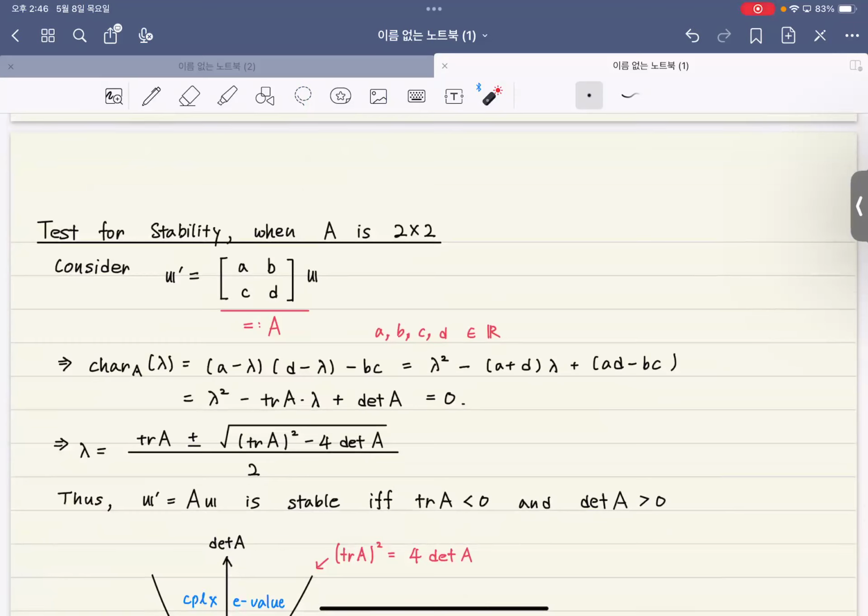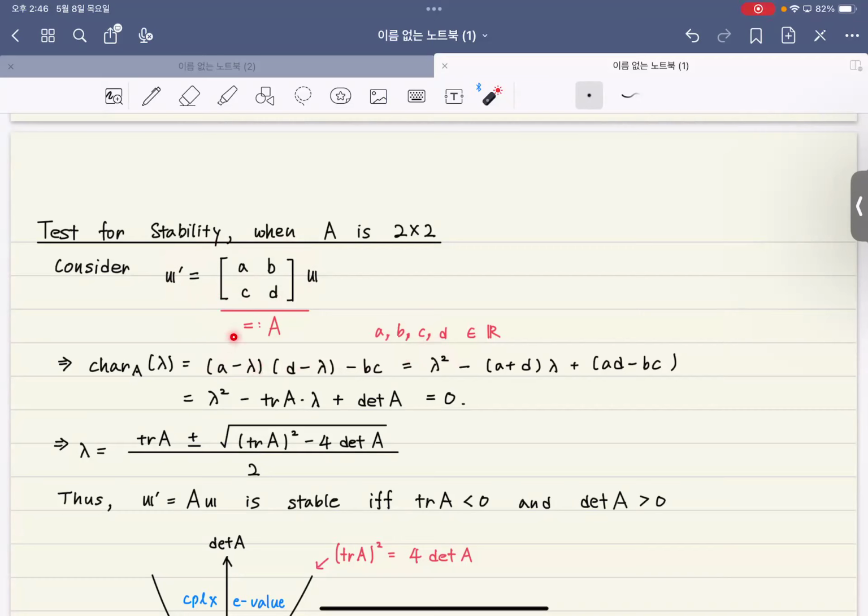Precisely, if A is a 2x2 matrix, then we can actually determine the stability of this differential equation even without solving the problem. I'm going to show you how. Suppose I have this differential equation. It's two unknowns and two equations. And we'll be assuming that a, b, c, d are all real numbers.